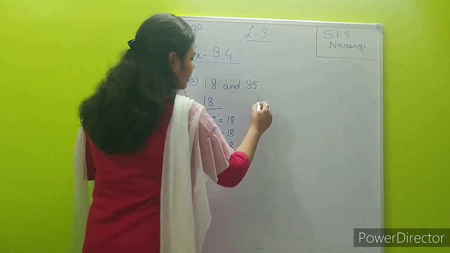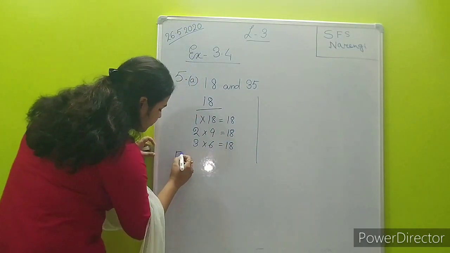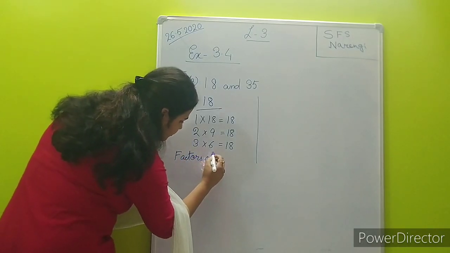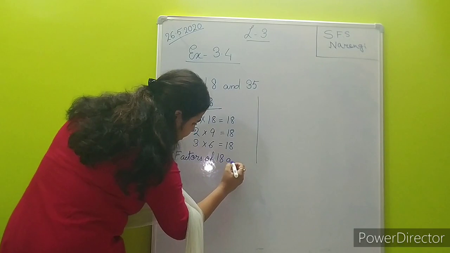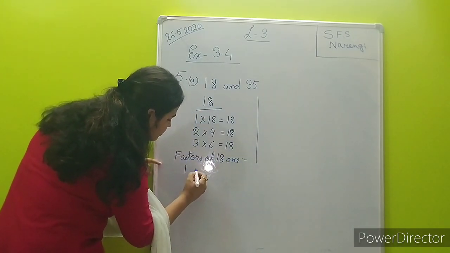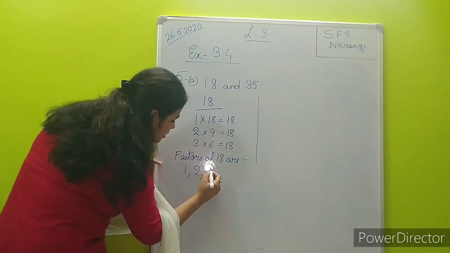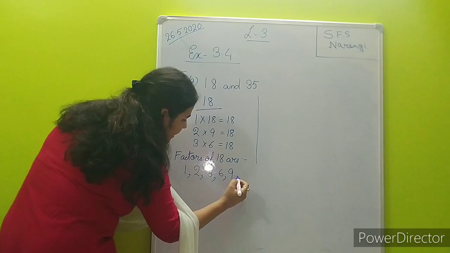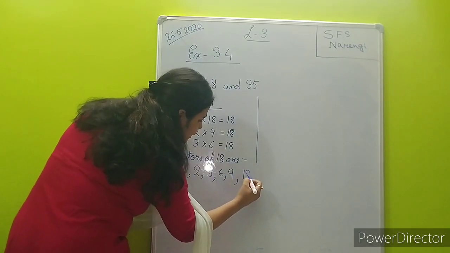So, these are the factors of 18. What will be the factors of 18? 1, 2, 3, 6, 9 and 18.